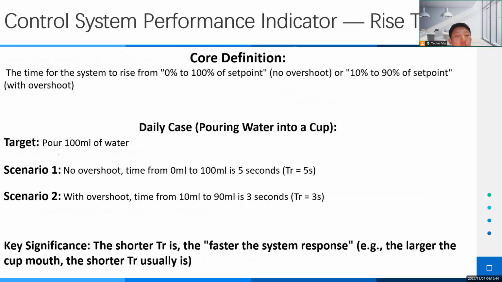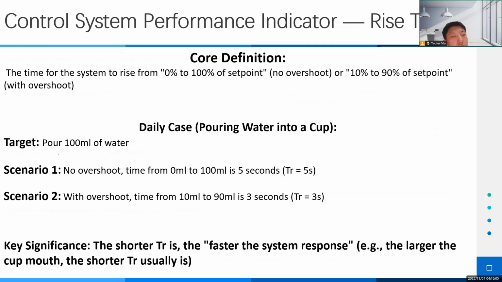To check if a PID system works well, we use performance indicators. First is rise time, TR. It's the time the system takes to go from low to near the set point.